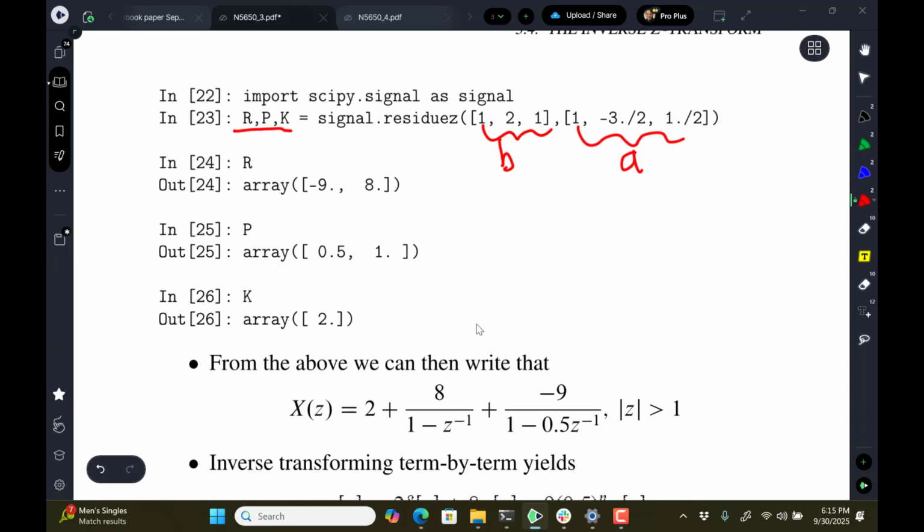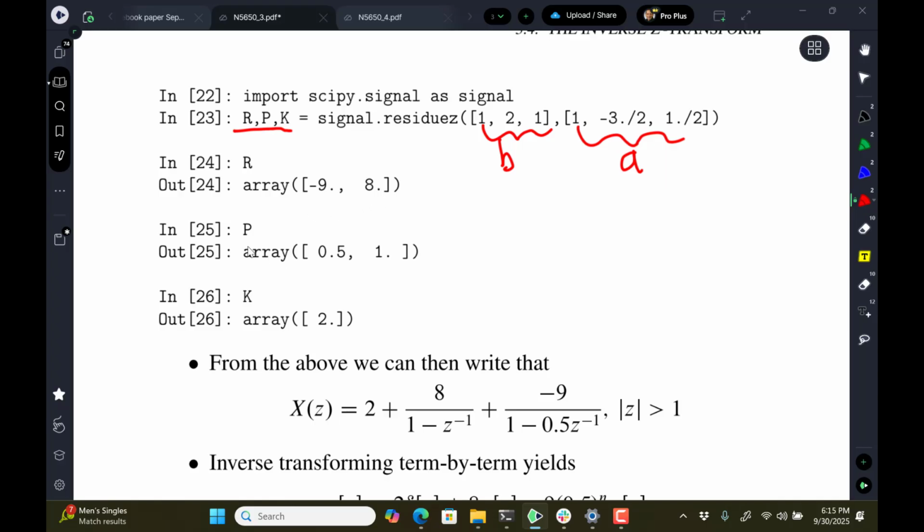At any rate, R is the residues, what I've been calling the residues. Those are your partial fraction coefficients. P's are the poles associated with the system, and K is the long division coefficient. In this case, when I look at what R is, I get -9 and 8, and I remember those coefficients from before break, but I don't know which pole they went with, so I have to figure that out.